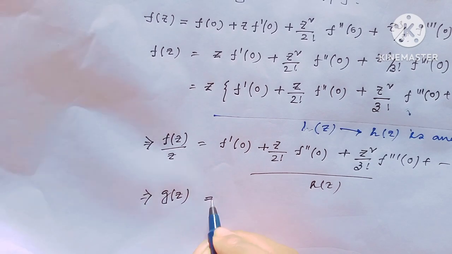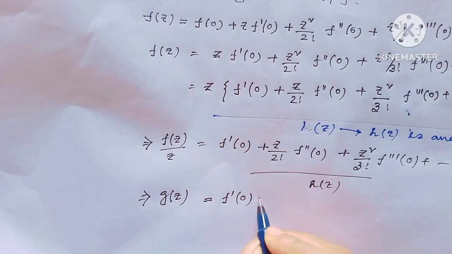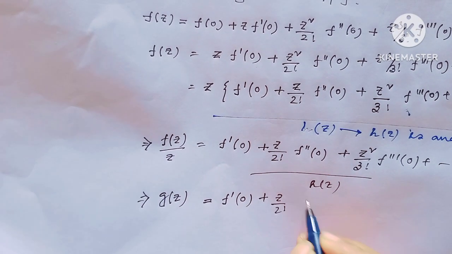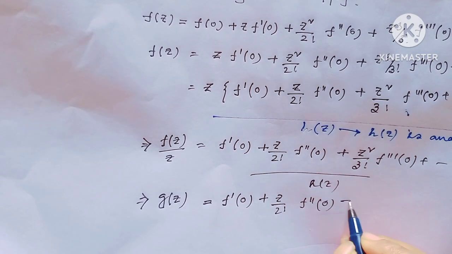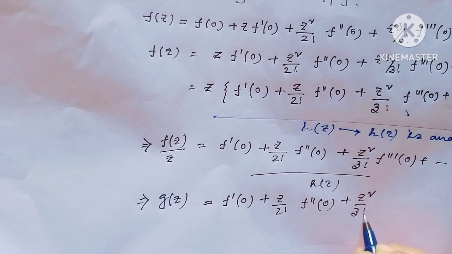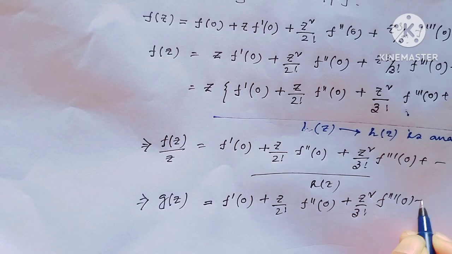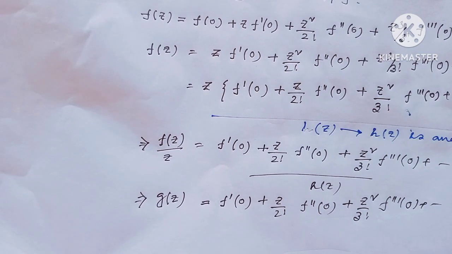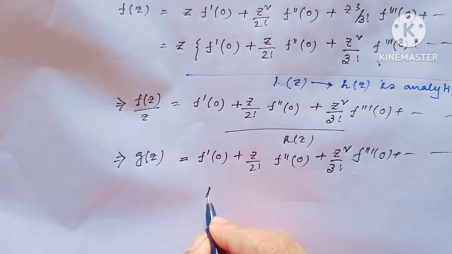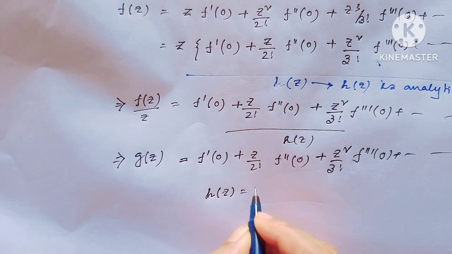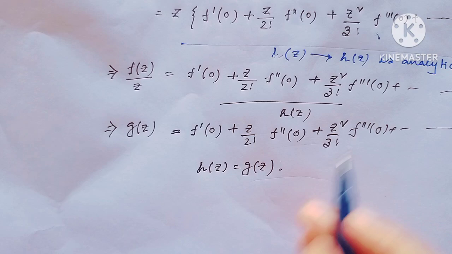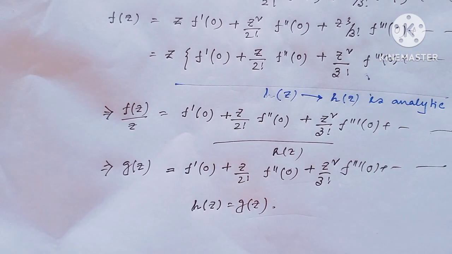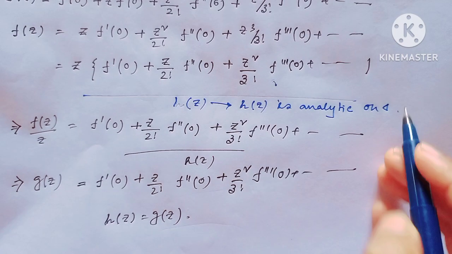Gz equals f dash 0 plus z over 2 factorial f double dash 0 plus z square over 3 factorial f triple dash 0, and so on. That means I have got Az equal to Gz.